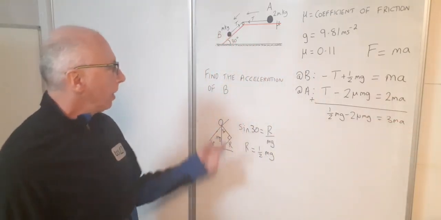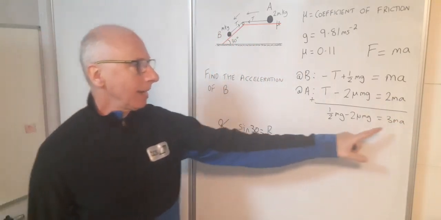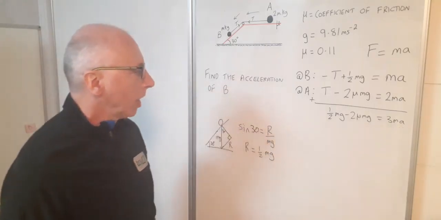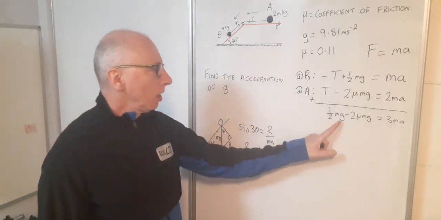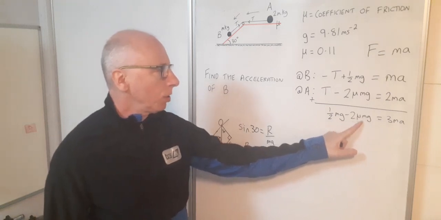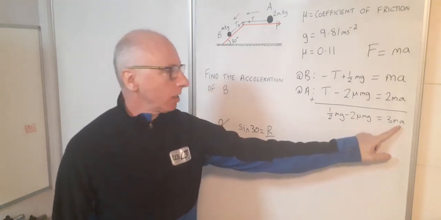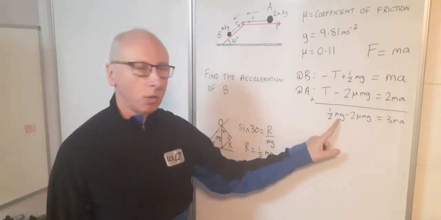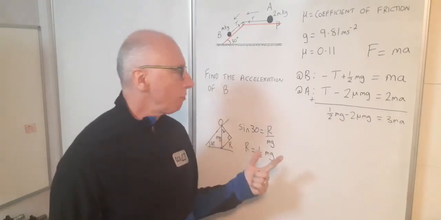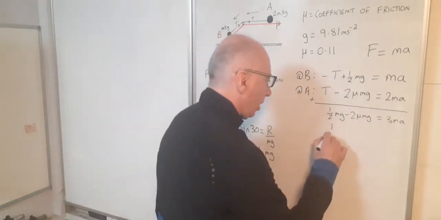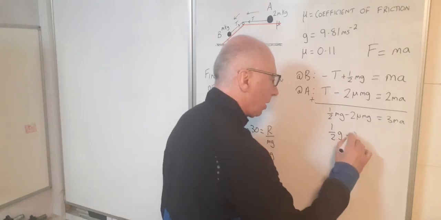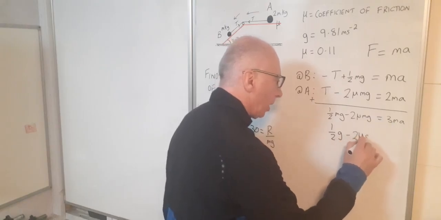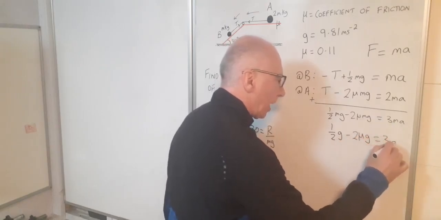Okay, so now we need to find the acceleration, so we need to get this a on its own somehow. So we've got half mg minus 2 mu mg and then 3ma. So m is present in all three terms, so we can just get rid of that. So now I've got half of g minus 2 mu g equals 3a.